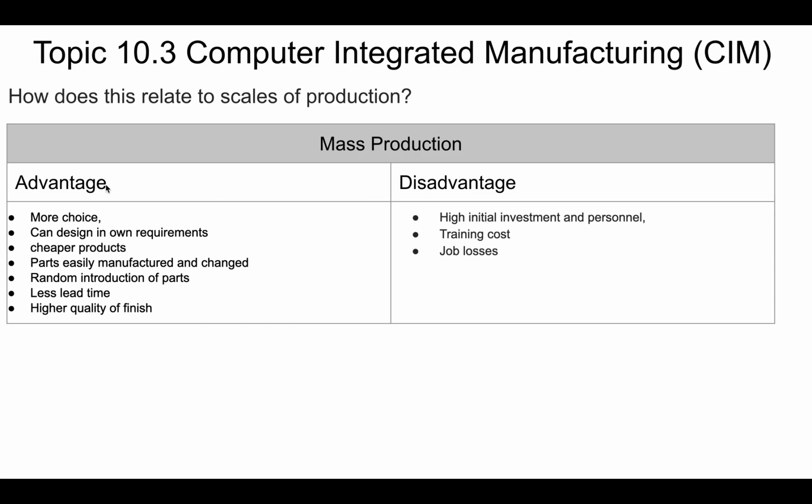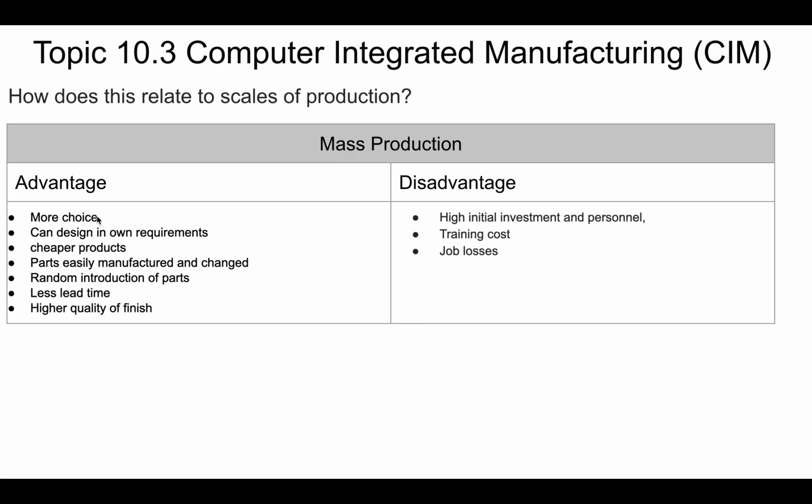Okay, mass production. With mass production, you're going to end up with more choice, right? Because with the computer, you can program it to give you some variation within products, which is one of the big disadvantages of mass production, if you remember, that there really wasn't a lot of customization.